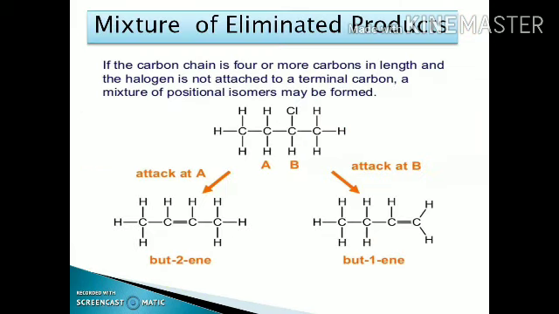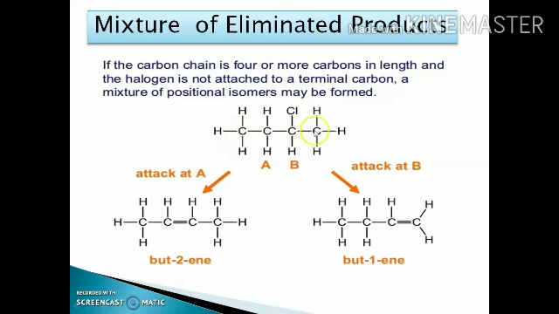If more than one beta carbon atom is present, then there are chances of the formation of more than one alkene, and usually one alkene is formed as a major product and the other alkene as a minor product. In this carbon chain, 4 carbon atoms are present and the halogen group is not attached to a terminal carbon atom.